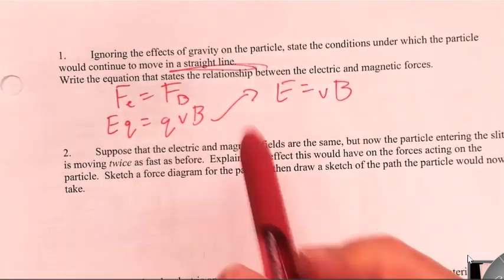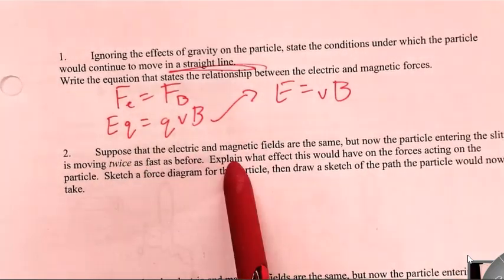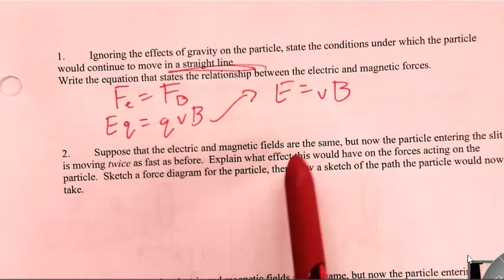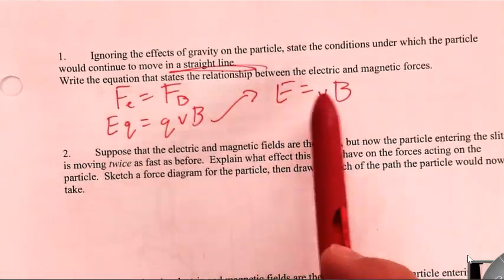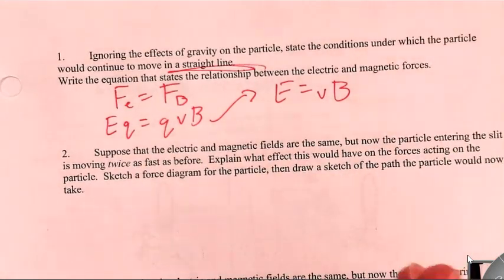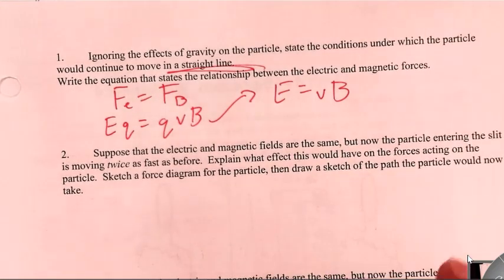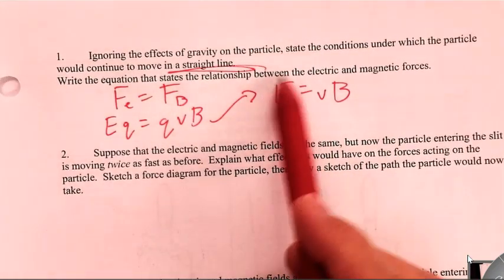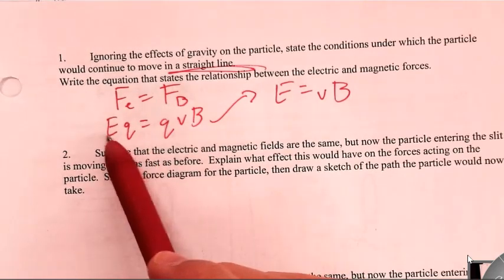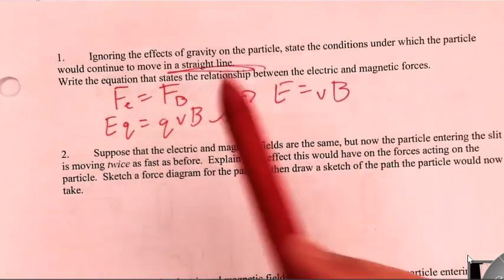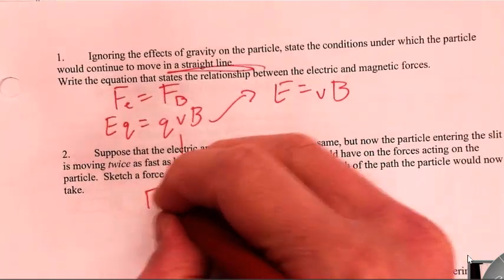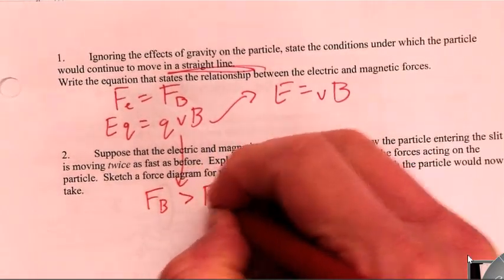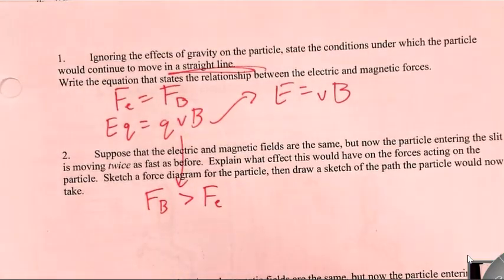Suppose the electric and magnetic fields are the same, but now the particle entering the slit is moving twice as fast as before. Okay, that's going to be an effect. Electric field won't change. Notice velocity's not there at all. What will change is the magnetic field. FB is now greater than FE, right?